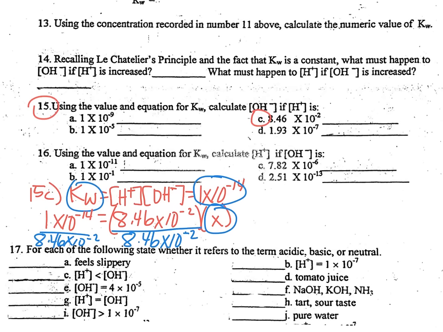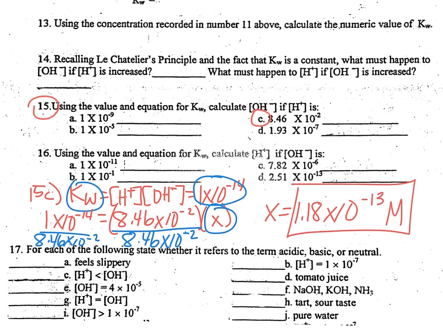When I solve this, I get 1.18 times 10, and let me count how many times I need to move my decimal over because it did not put it into scientific notation by itself. Okay, so double check my work. I got 10 to the negative 13, and that would be molarity.